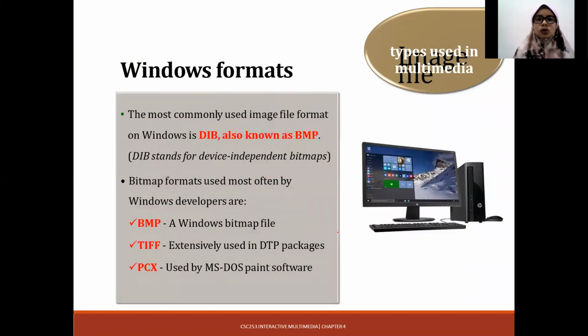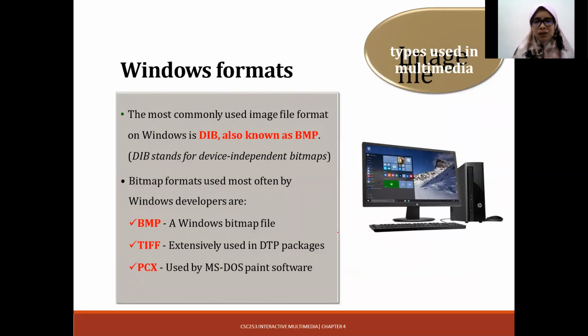Windows format. The most commonly used image file on Windows is DIB or BMP, which you may have heard of. DIB means device independent bitmap. The bitmap formats by Windows developers are BMP, CIFF and PCX.